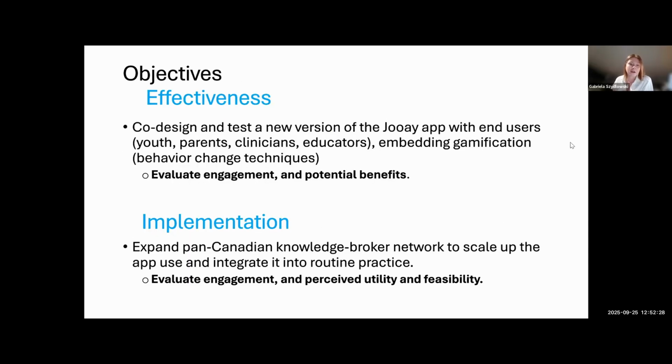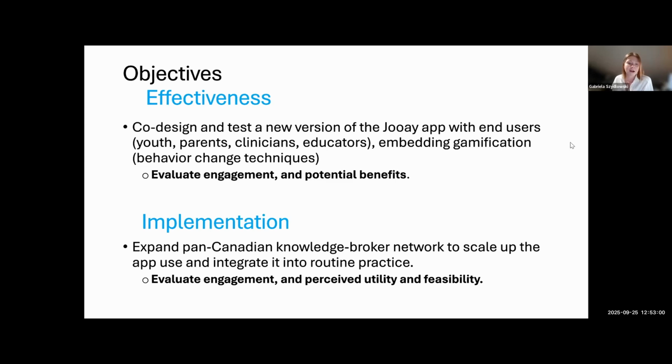So the objectives of this current hybrid effectiveness implementation study is, first of all, to test the effectiveness of the new version of the app. Ebrahim has been working on it, and he co-designed a new gamified version, and tested it with end users, so with youth, parents, clinicians, and educators, embedding gamification elements in there, so this aspect of behavior change techniques.